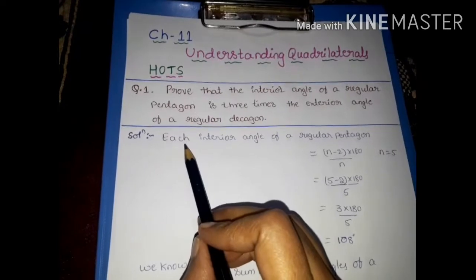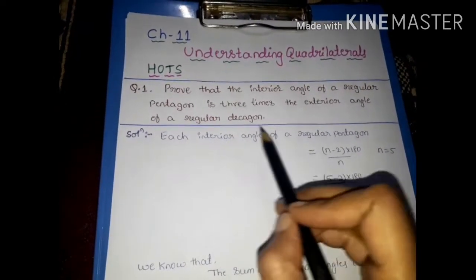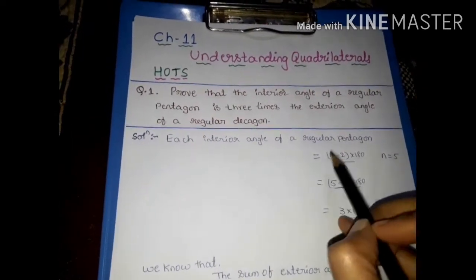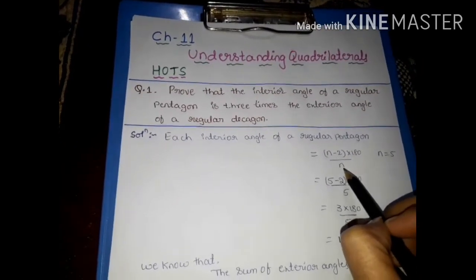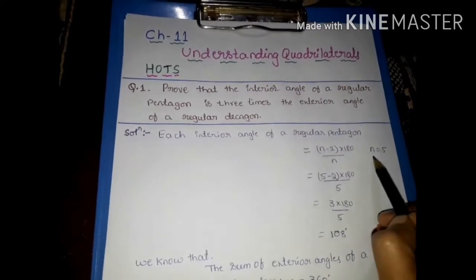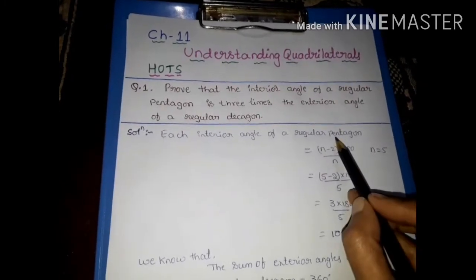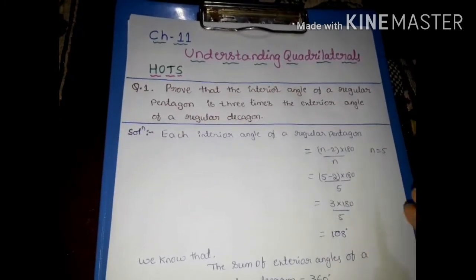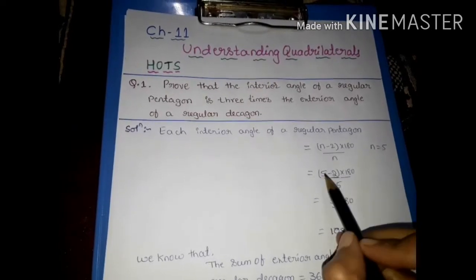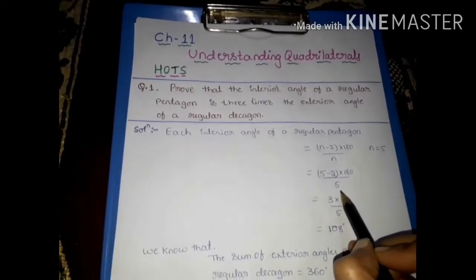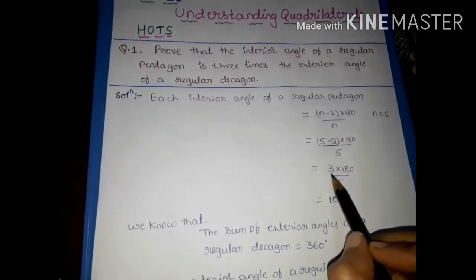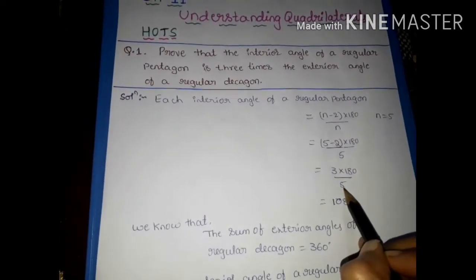Each interior angle of a regular pentagon is equal to (n minus 2) into 180 divided by n, where n is 5. Substitute: (5 minus 2) into 180 divided by 5. 5 minus 2 is 3, into 180 divided by 5.